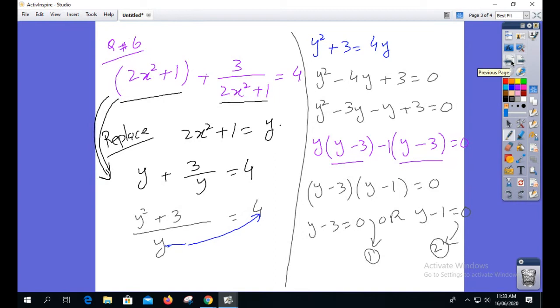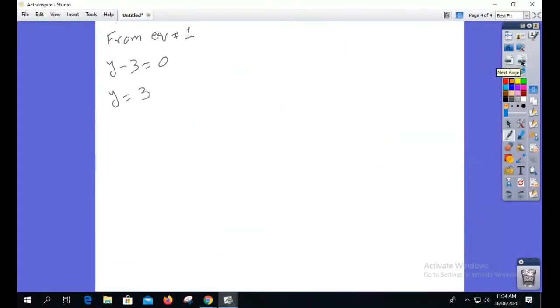We replace y by 2x square plus 1 equals to 3.